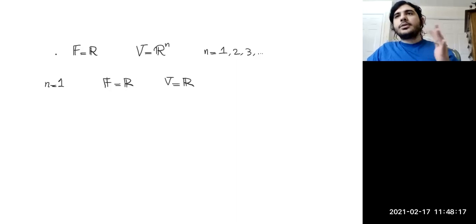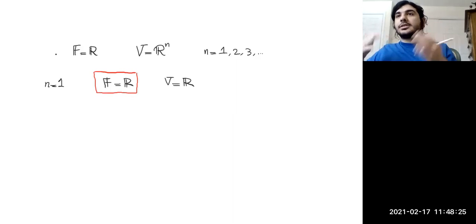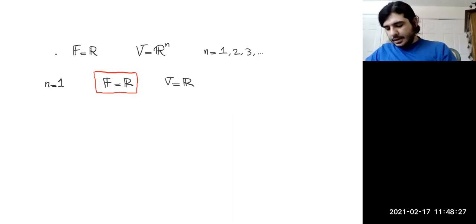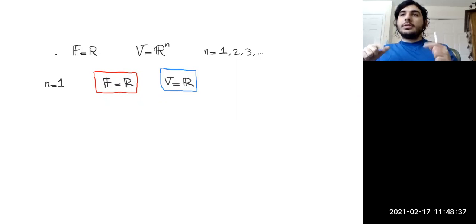Okay, so I want to do something a little bit exotic. Suppose our field is R, the same real numbers as we know it, but our vector space, which again is R as a set, is a set of real numbers. It is R, but I want to define a new addition on this set.